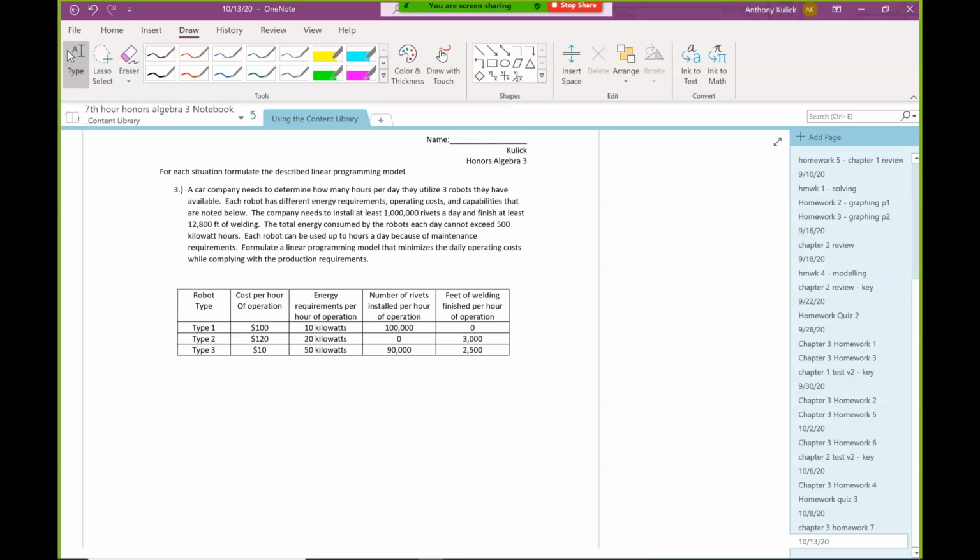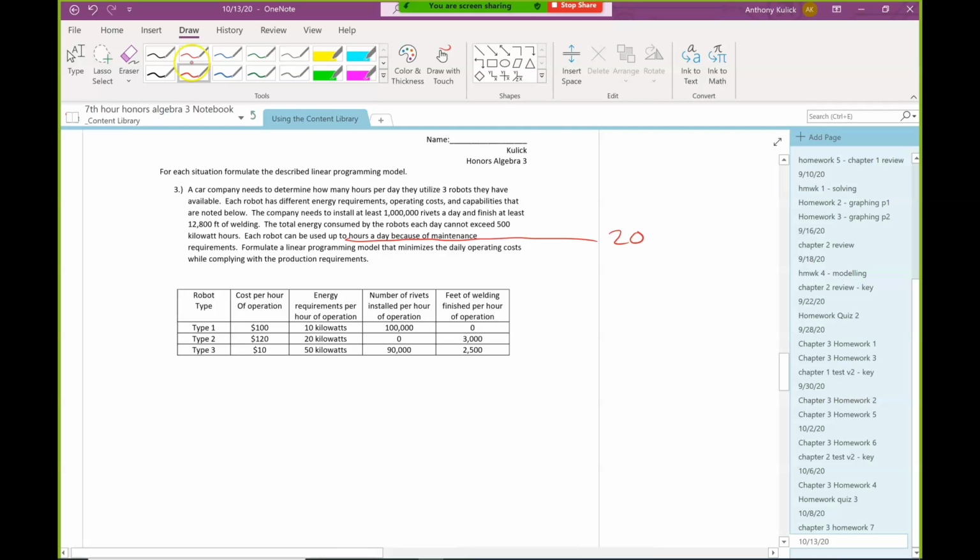The total energy consumed by the robots each day cannot exceed 500 kilowatt hours. Each robot can be used up to, I missed the number there, 20 hours a day because of maintenance requirements. Formulate a linear programming model that minimizes the daily operating costs while complying with the production requirements.